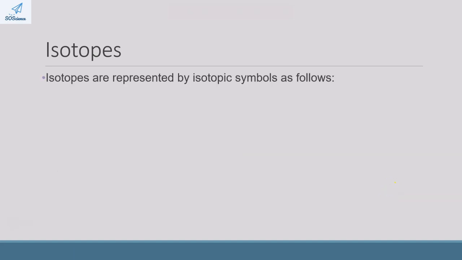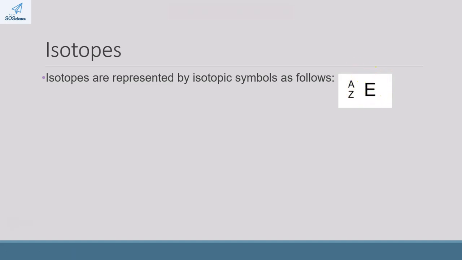Isotopes are represented by isotopic symbols. And when they are represented by isotopic symbols, we have the symbol of the element over here. The A is the atomic mass or the mass number that goes above the atomic number. Both of these numbers are indicated to the left of the element symbol.